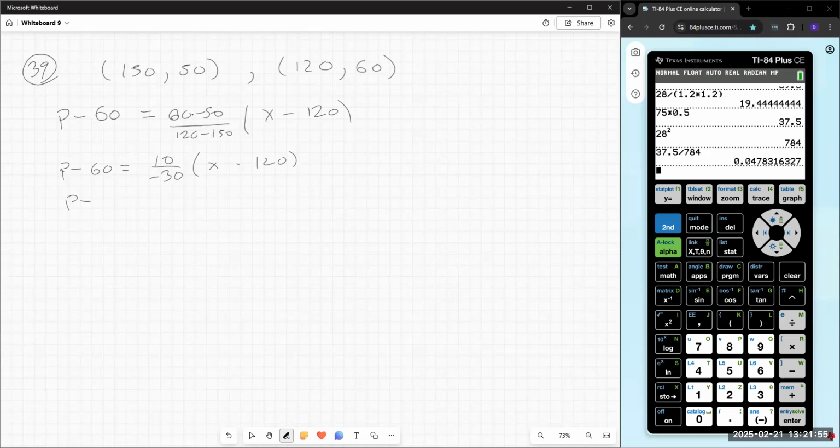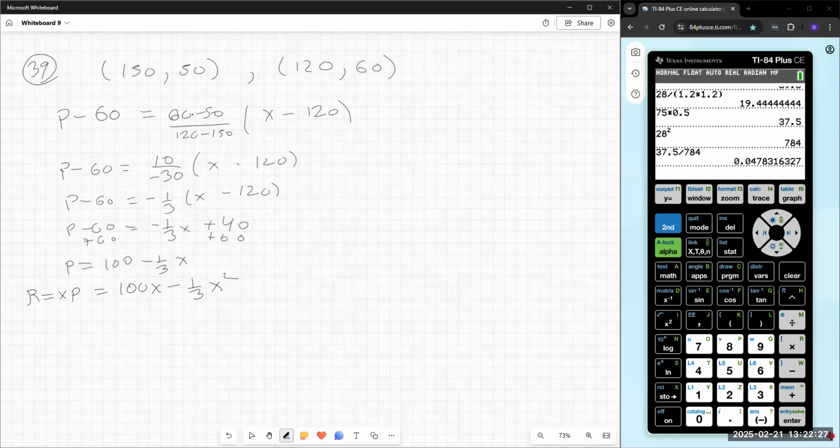P minus 60 is equal to negative 1/3 times (x minus 120). P minus 60 is negative 1/3 x plus 40. Add 60 to both sides, and I have that P is equal to 100 minus 1/3 x. Revenue is xP. So that's going to be 100x minus 1/3 x squared.